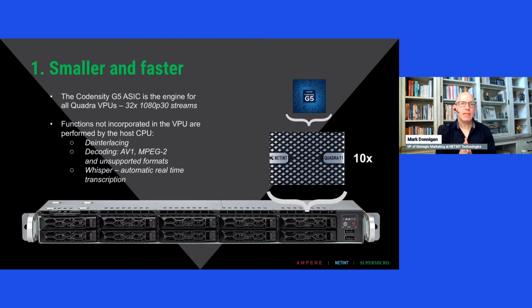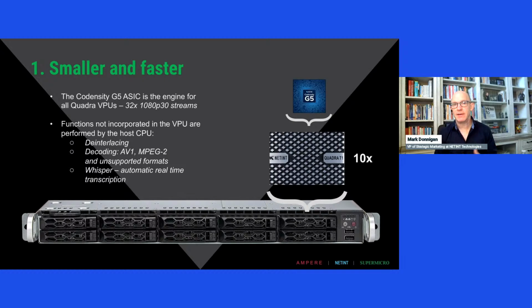All right, so let's talk in a little bit more detail about what's smaller and faster, what the components are that enable this. So what you'll see here is the server. And by the way, this is a representative server which we do sell. It's available commercially.